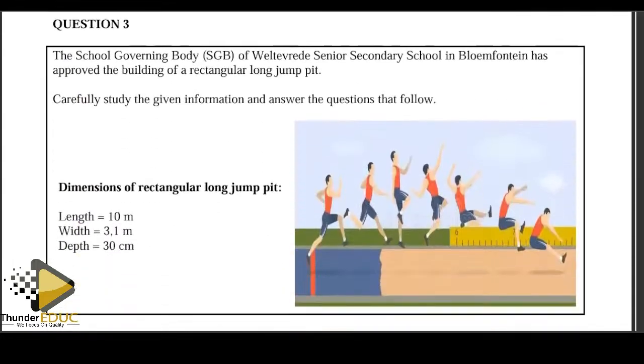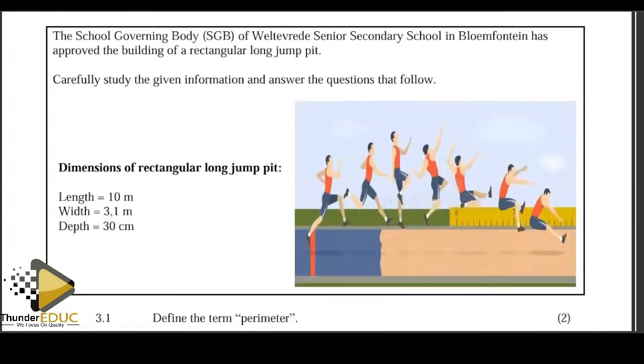Okay. Question number 3. A school governing body, SGB, of Watersrand Senior Secondary School in Bloemfontein has approved the building of a rectangular long jump pit. Carefully study the given information and answer the questions that follow.